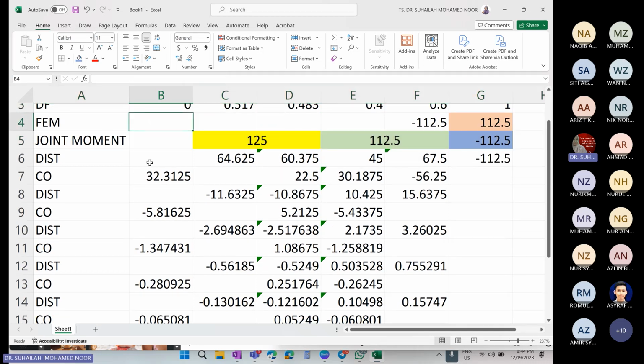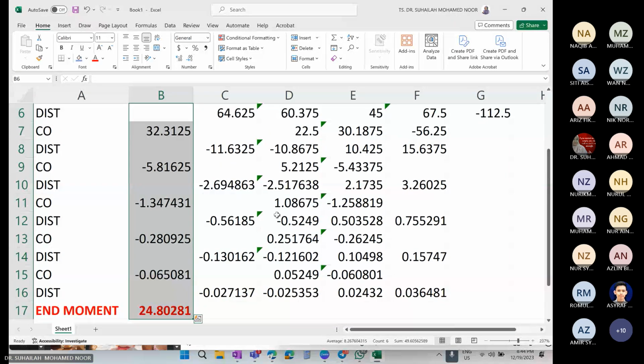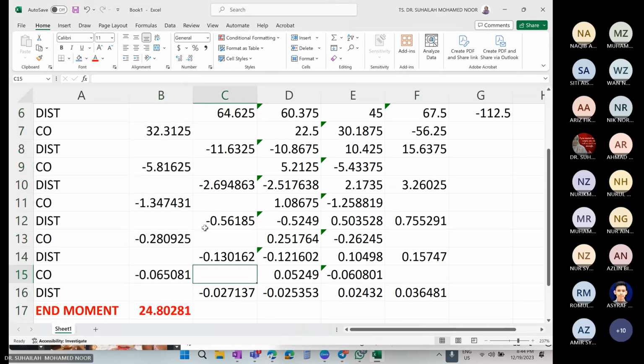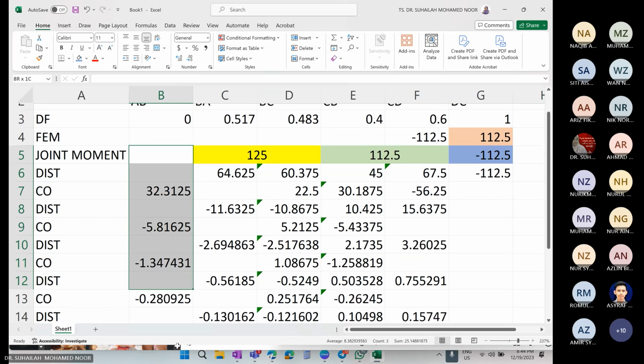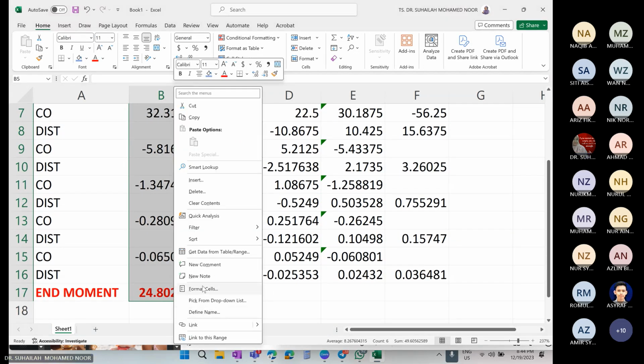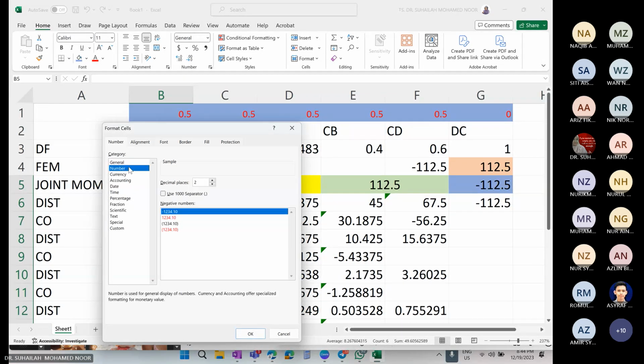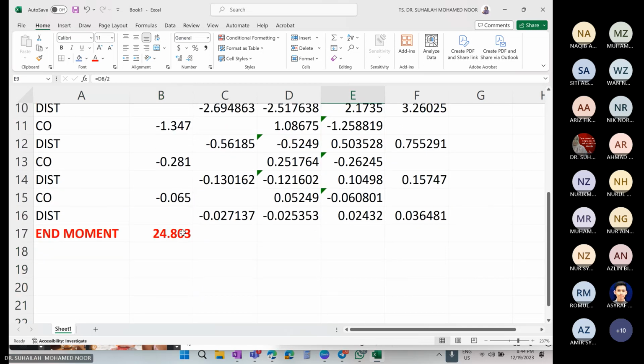This is 0, so we will start from this. The total is 24.8. I want to change to 3 decimal places.